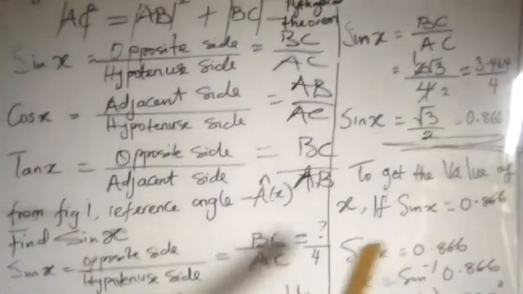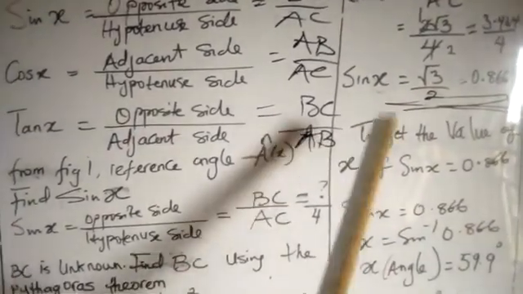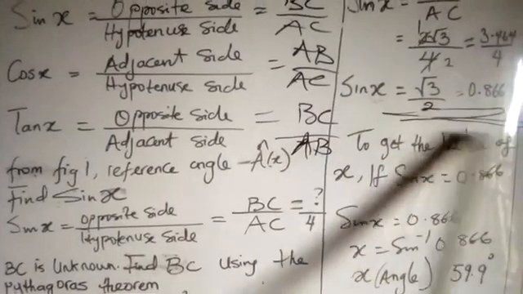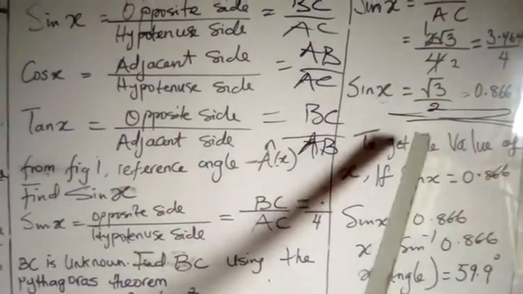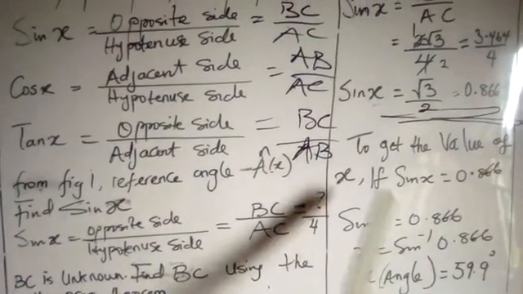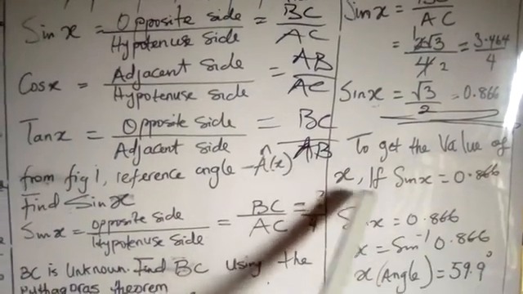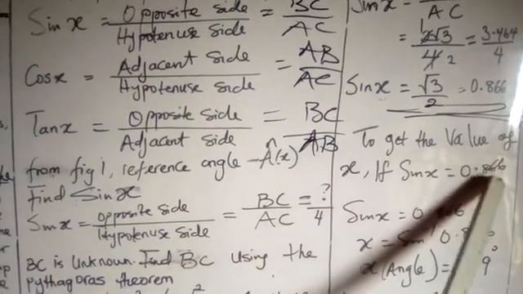So now I deliberately solve further so that we should cover this side at once. To get the value of x, if sine x is equal to 0.866.